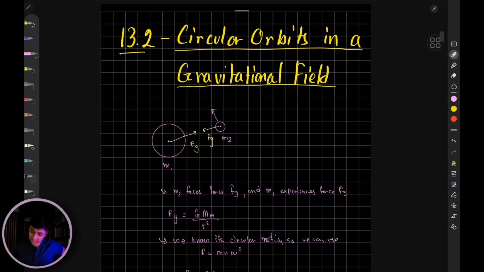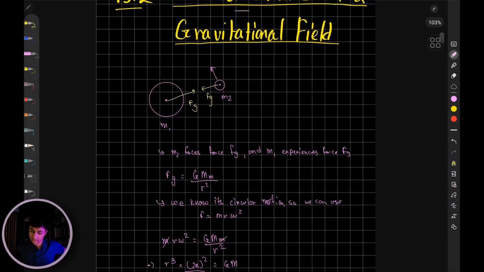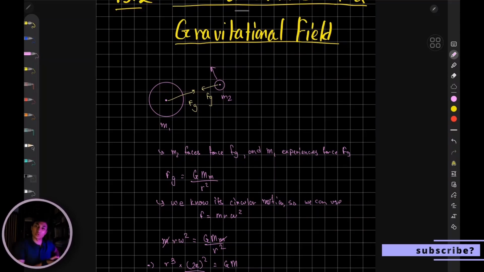So what's happening in our case is we have a moon orbiting around the Earth. Now, this force that is between both masses is going to contribute towards their centripetal force. That is, the force perpendicular to the mass's velocity.